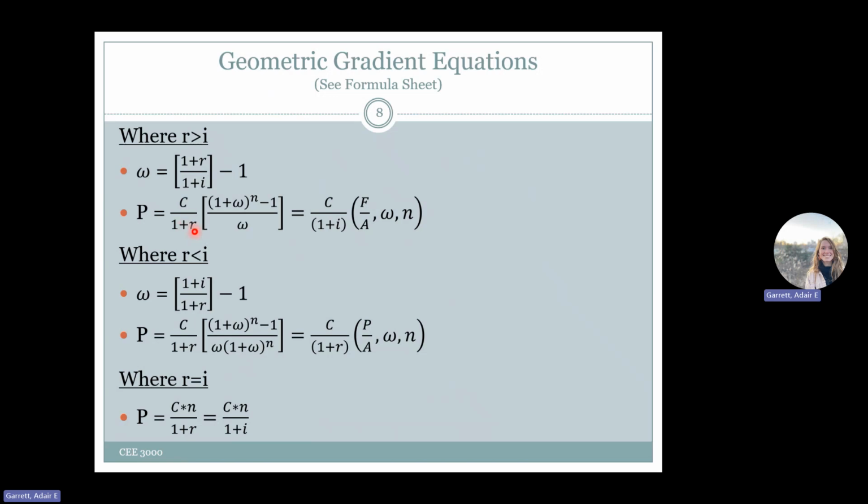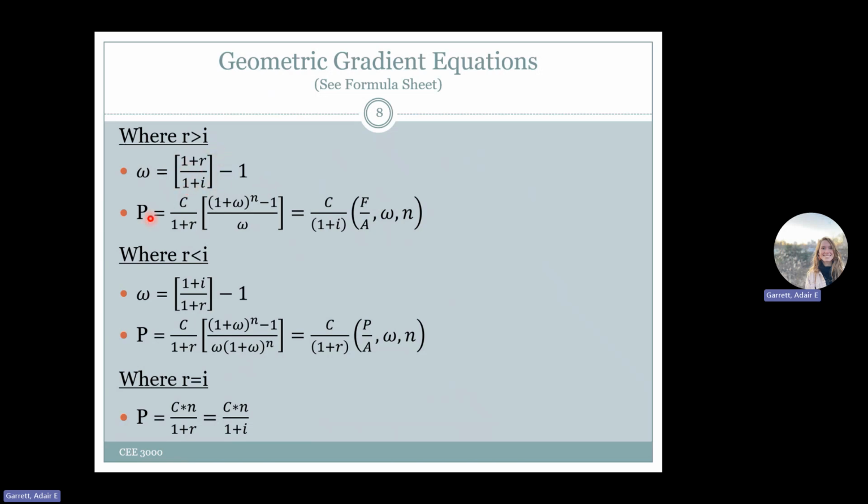You see that we consider R and I as well as this factor omega. Omega is defined as a relationship between these 2, the discounting rate and the growth rate. So here, when R is greater than I, omega is equal to (1 plus R) divided by (1 plus I), minus 1.